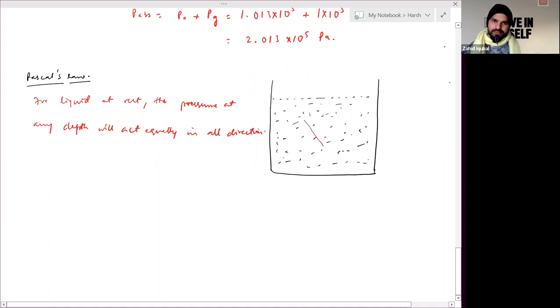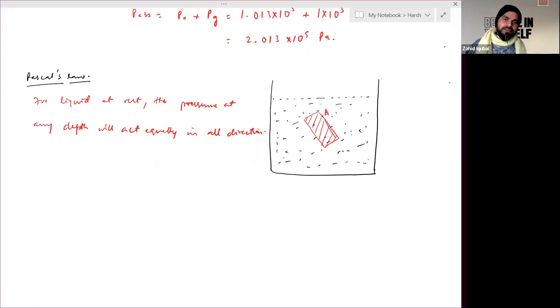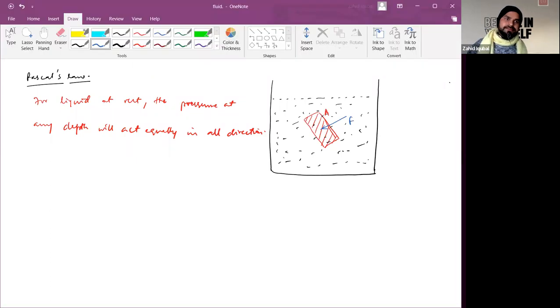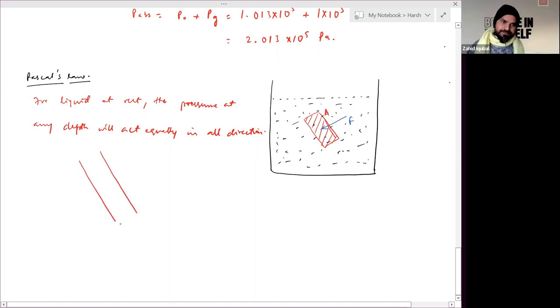Suppose a cross section at this point, having area A on which a force is acting normally along this direction, F. So for this strip, let me define its component.